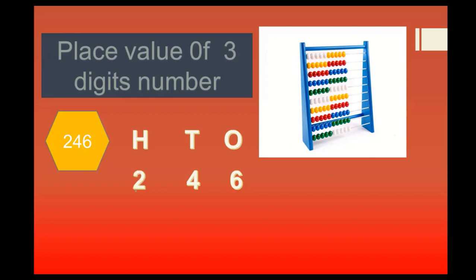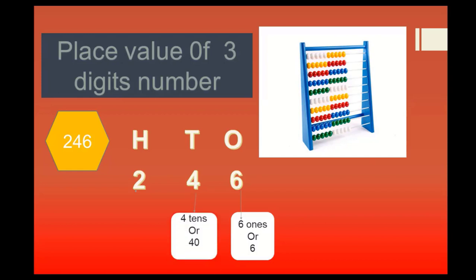So the place value of 6 is 6 ones. So 4 is at 10's place, so the place value of 4 is 4 tens or 40. 2 is at 100's place, so the place value of 2 is 200.